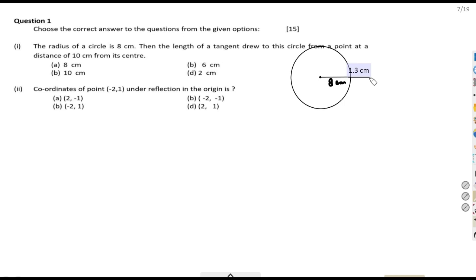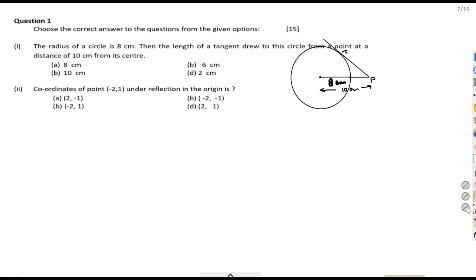There is a point at 10 centimeter from the center. It means this distance is 10 and we have to find the length of tangent from this point to the circle. If this is the tangent, then we have to find this length PT.